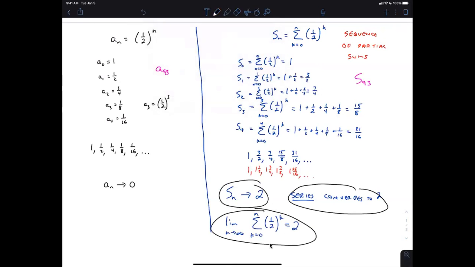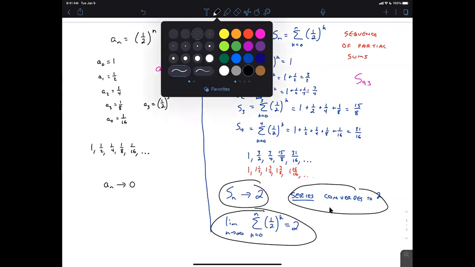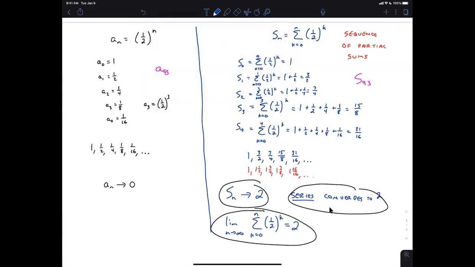All of those can be used, but the most common thing to say is actually not that. Normally what we write is the sum k equals 0 to infinity of 1/2 to the k is equal to 2, or we say that it converges to 2. This notation on the bottom right is the most common notation to indicate that the series converges to 2.